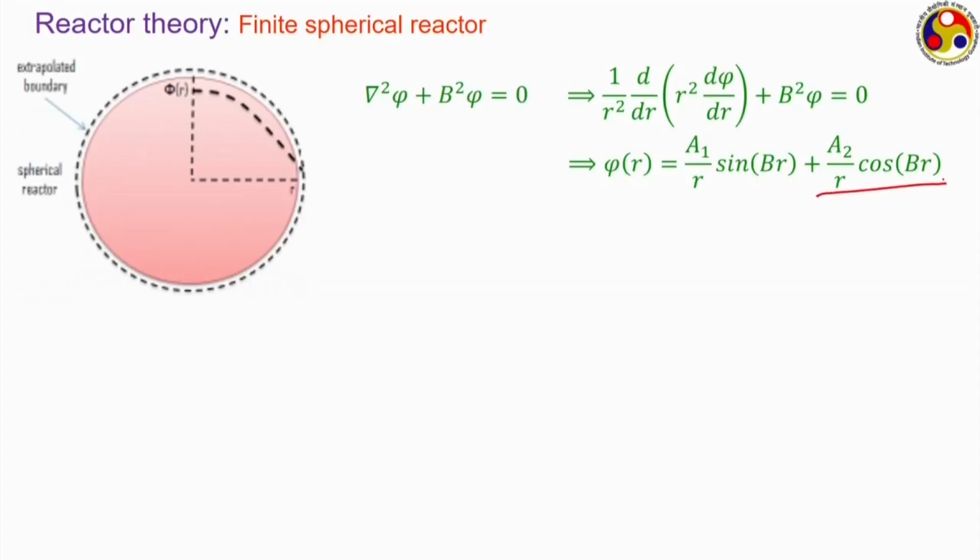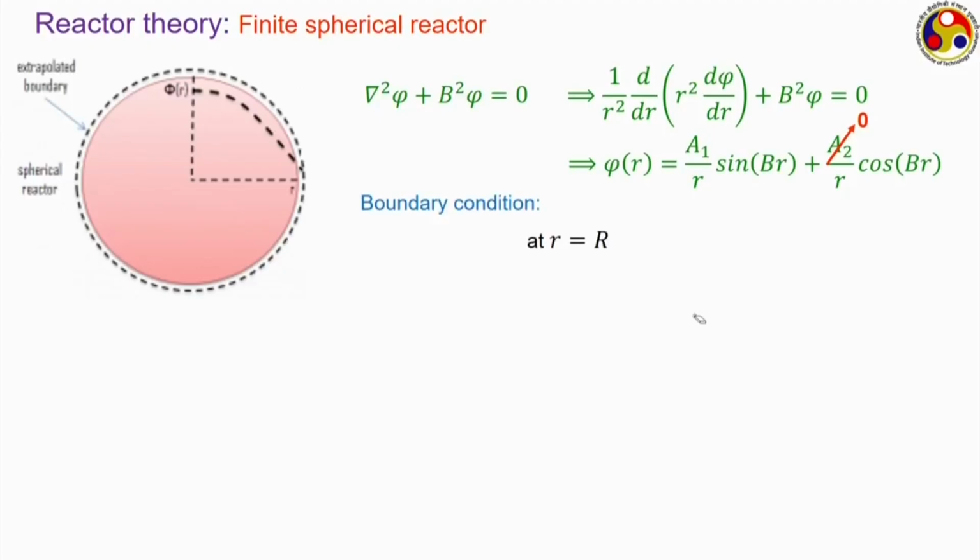If we focus on this term, this gives a 0 by 0 kind of form in that situation, which is completely impracticable, and hence the only realistic solution that we can get from this set of equations is when this A2 goes to 0. A2 has to go to 0, otherwise the neutron flux becomes infinite at the center line. So, we now are left with only a single coefficient, which is A1, which we have to find very shortly.